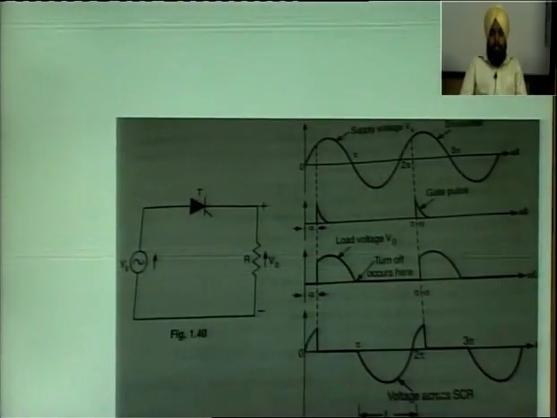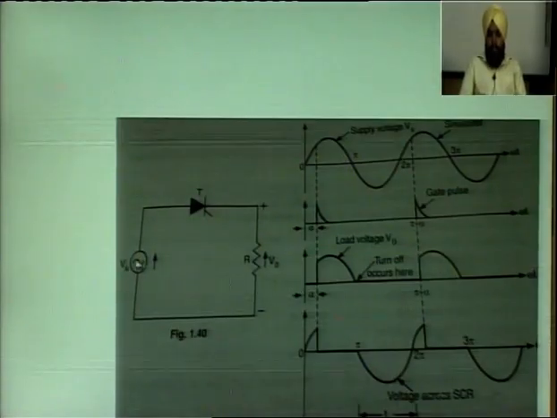In natural commutation, here is the AC supply, thyristor and load. During the positive cycle, the thyristor is forward bias. When we apply the gate pulse, this SCR will start conducting.